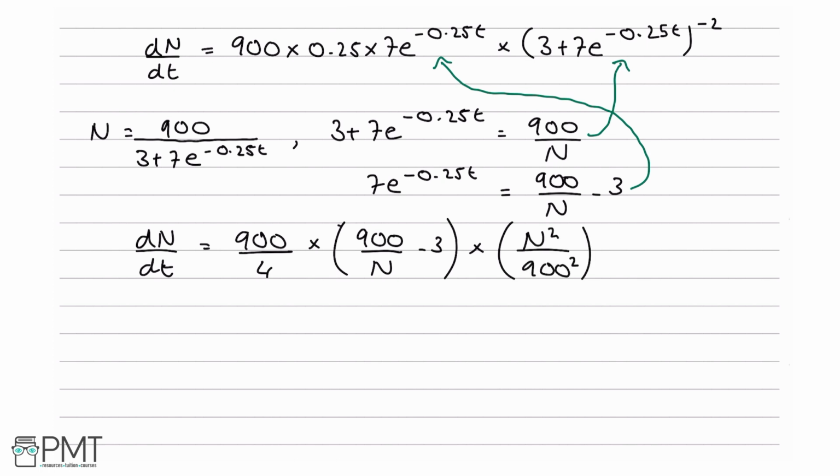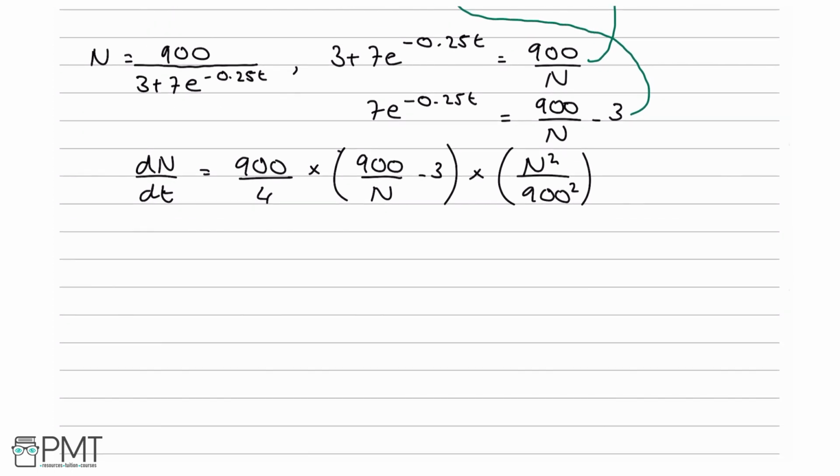Okay? From here, because this sort of resembles the 300 minus n form we need, because we've got 900, n, and 3, I'm going to take out a factor of 3 over n. So this is going to be 900 over 4 times 3 over n, and then in brackets, it's going to be 300 minus n.